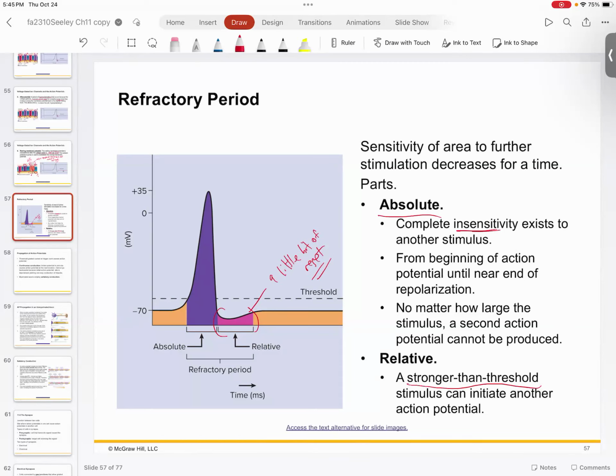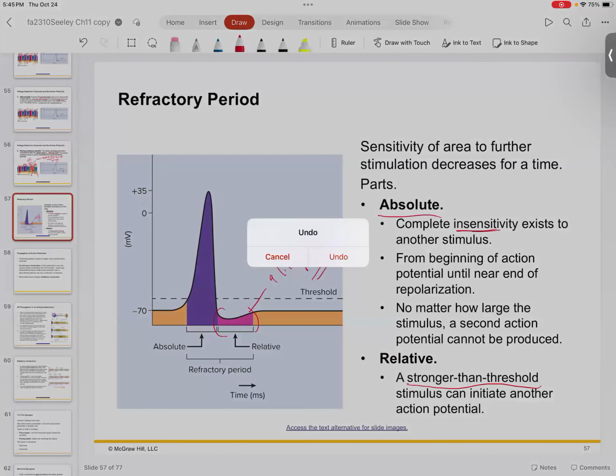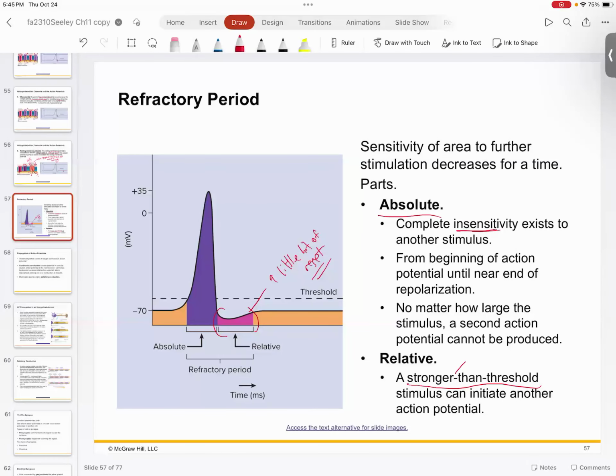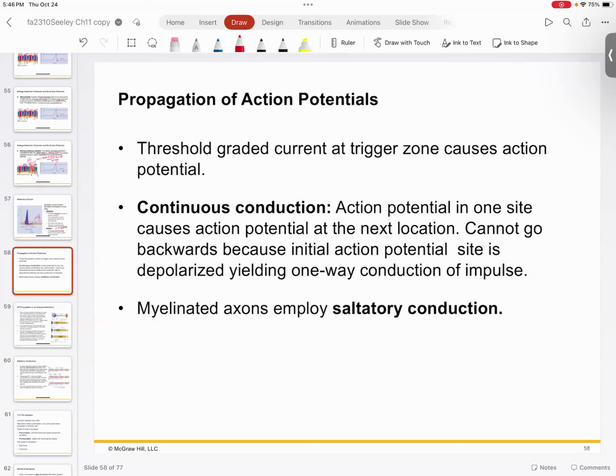Why? Because you're still hyperpolarized. So for instance, instead of going from here to here, which would be a normal stimulus, now you have to go from here to here, which requires a stronger stimulus to get up to threshold. But it is possible.